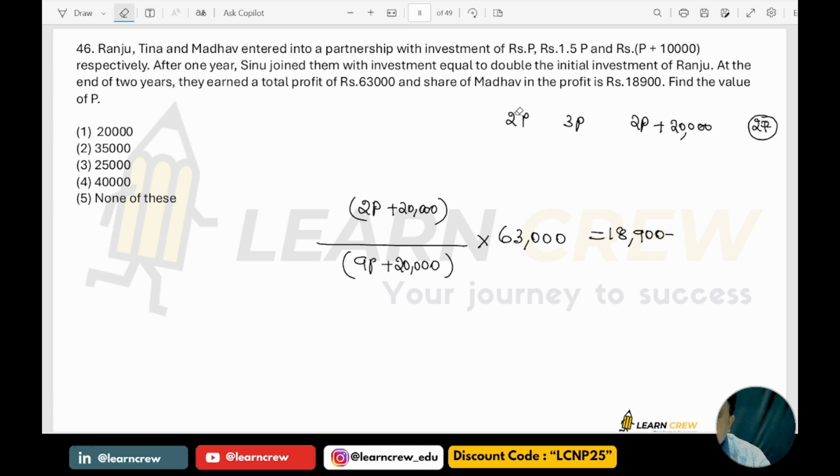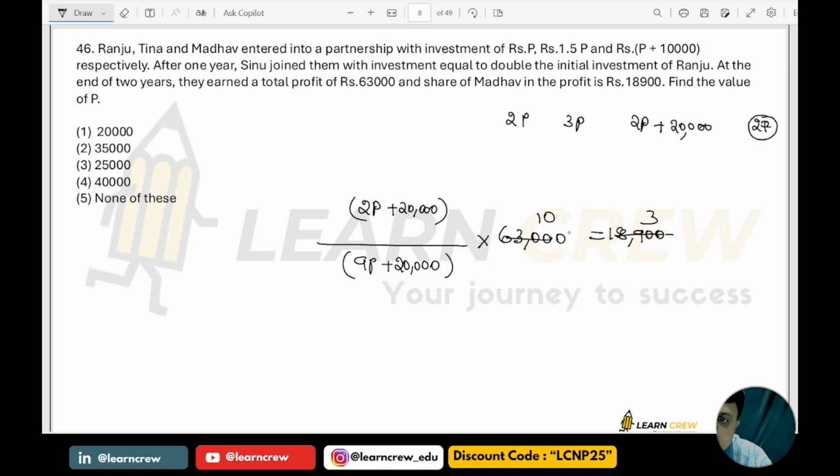Now if you see here, simplify this. If you simplify this, you will get the value of P. That's it. So what will you get here? If you simplify here, how much do you get? 6,300 3 times, 6,300 10 times.